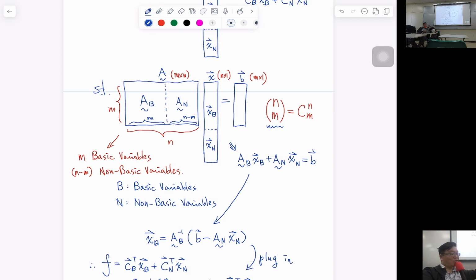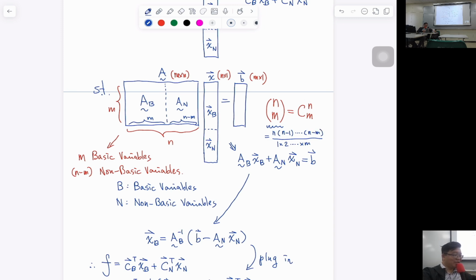Okay, so how many choices are there? Basically, this equals n times n minus 1 until you have 1 times 2 times n, and this should be n minus m.